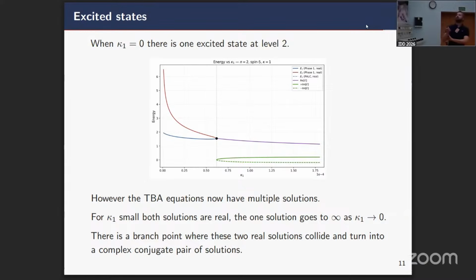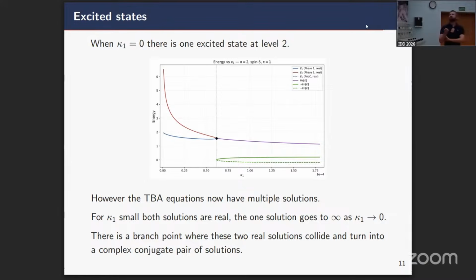And then as I increase kappa 1, my energy starts to change, but it stays real. However, we then find at some critical value of kappa 1 that my energy splits into a complex conjugate pair of energies instead. This phenomenon has also been observed if you repeat this whole process for free fermions, where you can do it exactly.